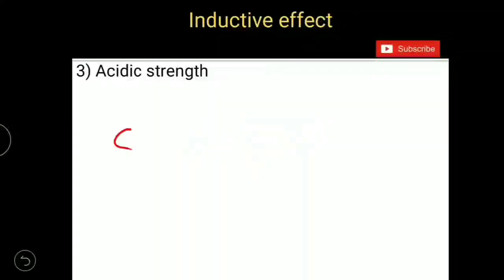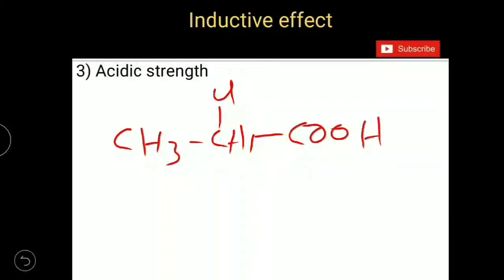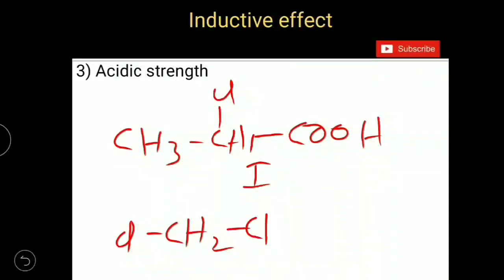CH3CHClCOOH. Let us consider this as the first compound. ClCH2CH2COOH, second compound.